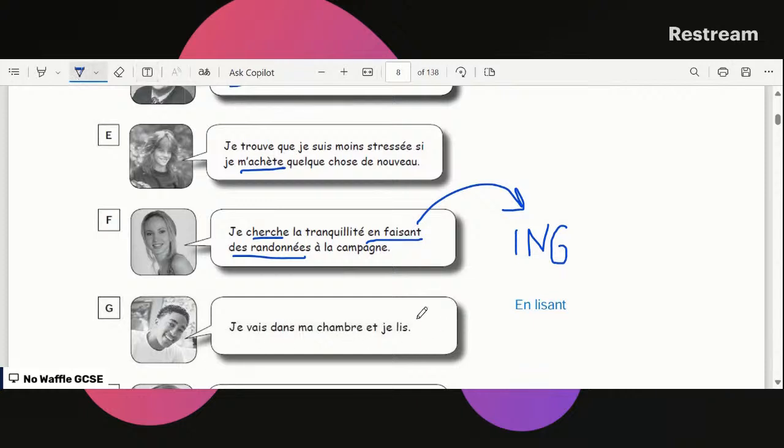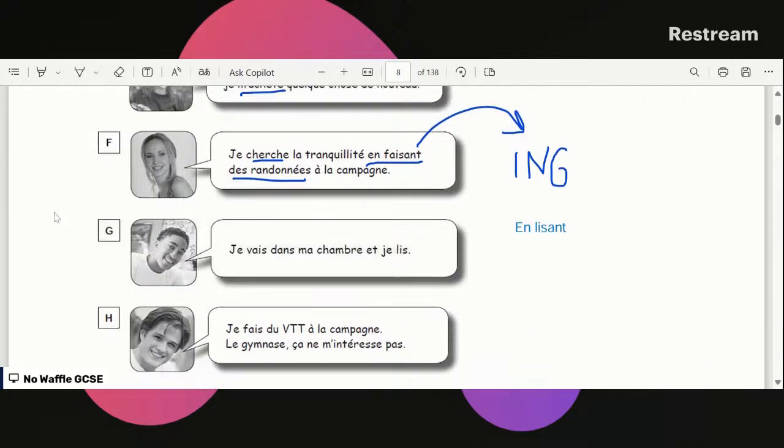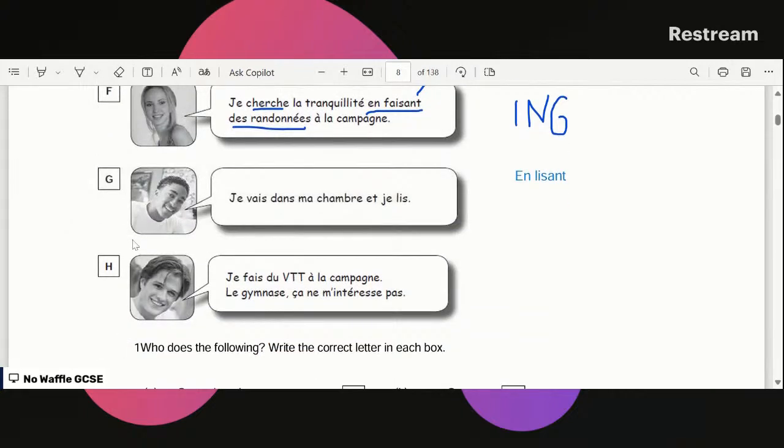Okay, je vais dans ma chambre et je lis. I go to my room and I read. Je fais du VTT à la campagne. Le gymnase, ça ne m'intéresse pas. So VTT just means biking, mountain biking. So I go mountain biking.